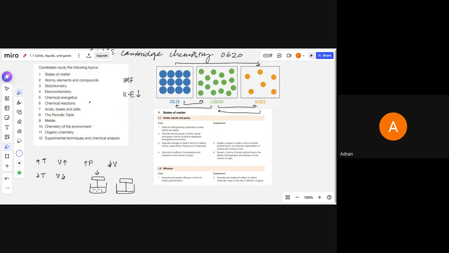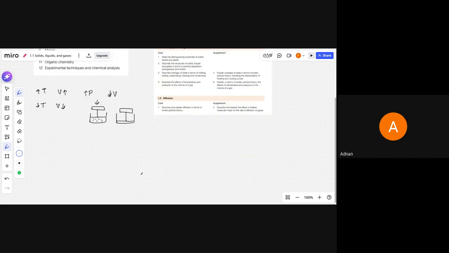So basically, what you need to understand, let me draw a heating curve. On this axis we have time in seconds, and on this axis we have temperature in degrees Celsius, for example. Let's say we have a solid, water for example.